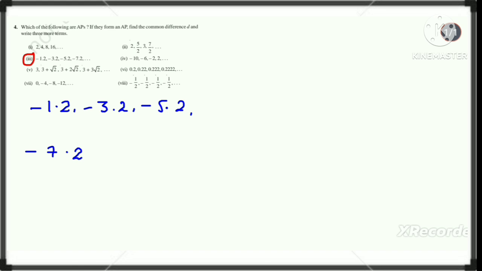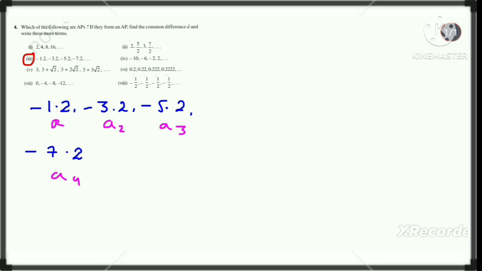And here this is A, this is A2, this is A3, and this is A4. Okay, now we need to find its difference.